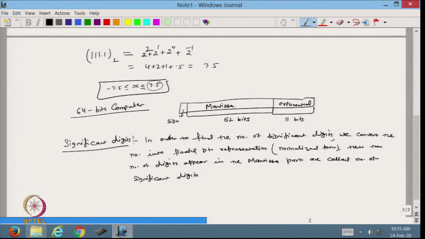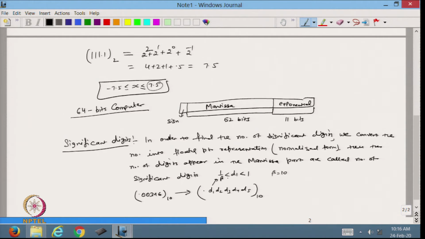So, for example, suppose I have the number 0.00346. That is my number in decimal form. In the normalized form, this number is written as 0.D1 D2 D3 D4 D5, where D1 should be greater than or equal to 1 by beta, where beta is the base I am taking. Here the base is 10, because we are dealing with the decimal form.